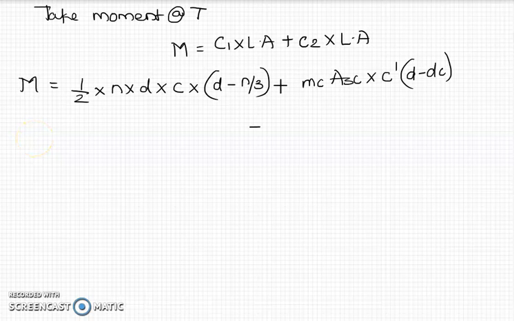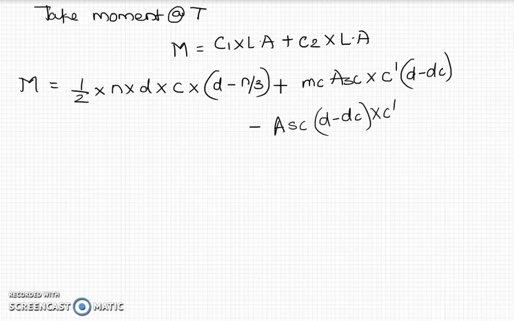We subtract the amount of concrete, that is ASC into D minus DC into C dash. Same place. Only the modular ratio will not come into the picture, as this is concrete; as this is steel, we considered the modular ratio. So we add the steel that is in the compression zone and we subtract the concrete of the same area. All the other things remain the same.